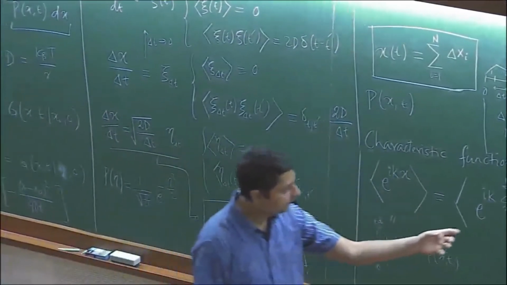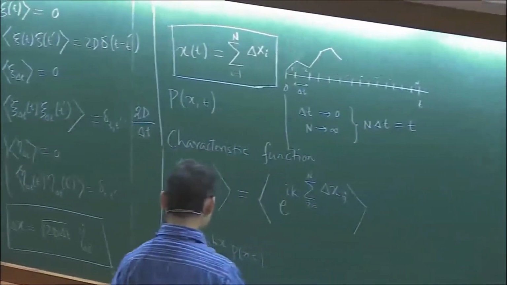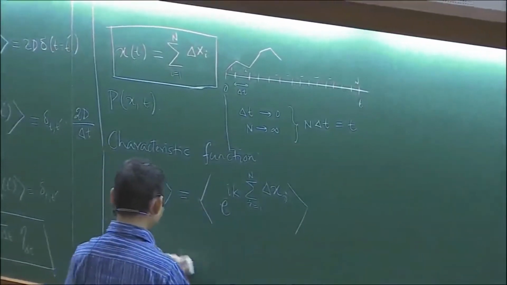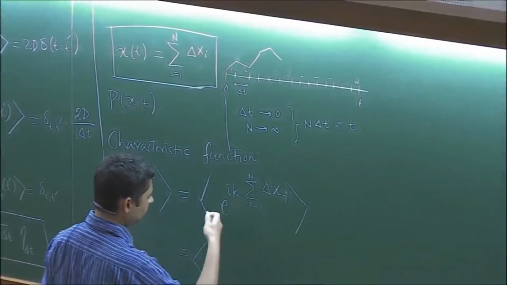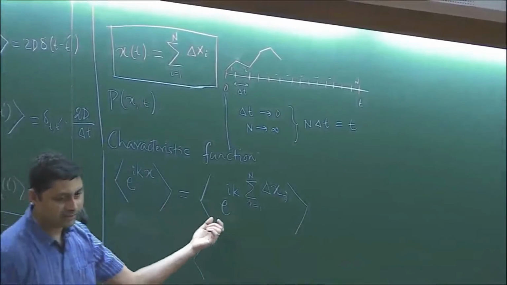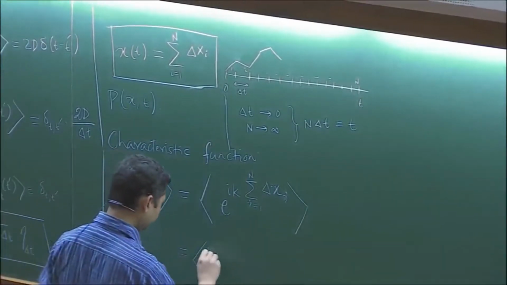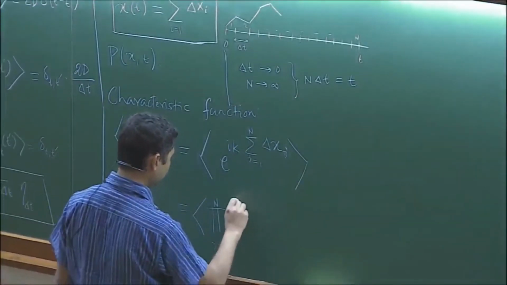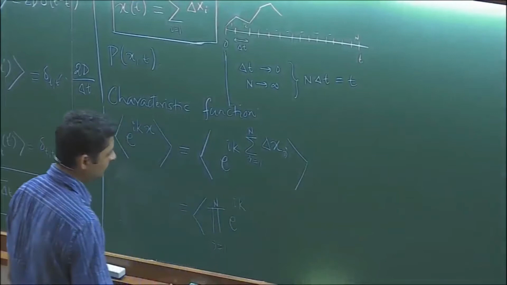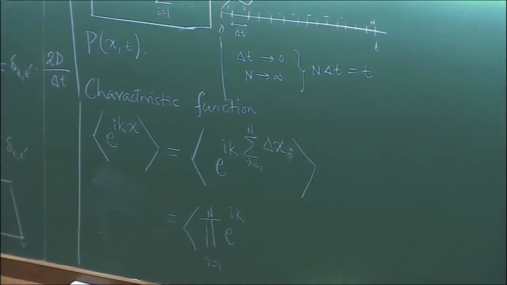So let's write it one more time. If you have an exponential of a sum, you can write it as the product of exponentials. So this is the product over j equal to 1 to n of e to the power of i k delta x_i, and delta x_i we can just replace by this one.